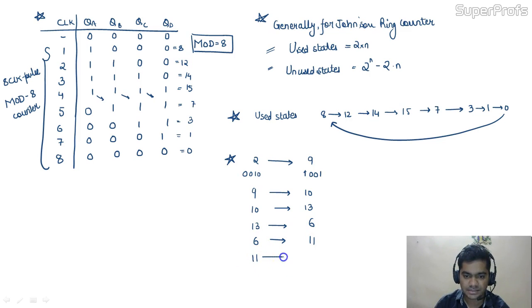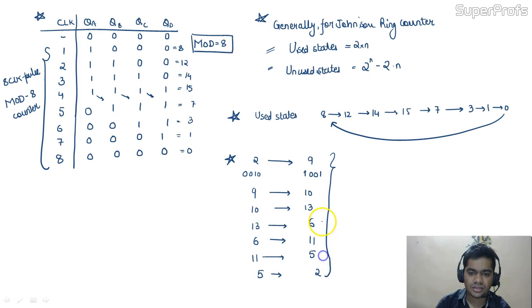If 11 comes, the next state would become 5, and if 5 comes, the next state would become 2, and again if 2 comes, the next state would become 9. So we can see that all these states are not in the used states. The used states were 8, 12, 14, 15, 7, 3, 1 and 0.